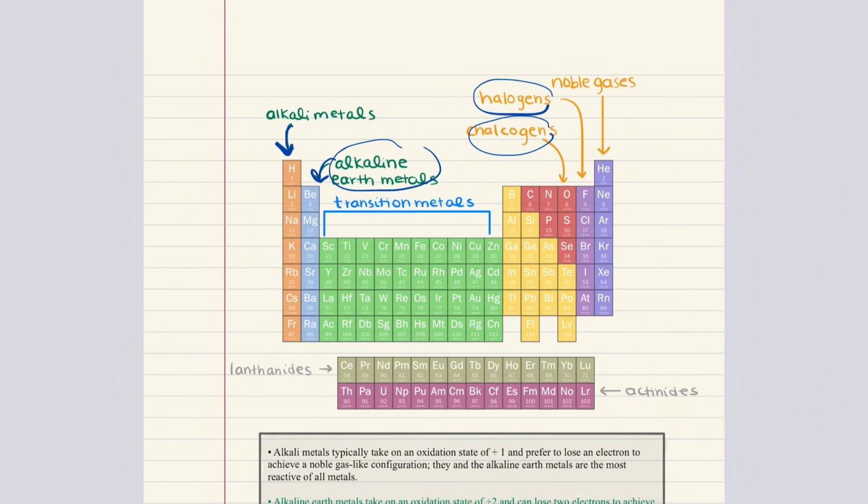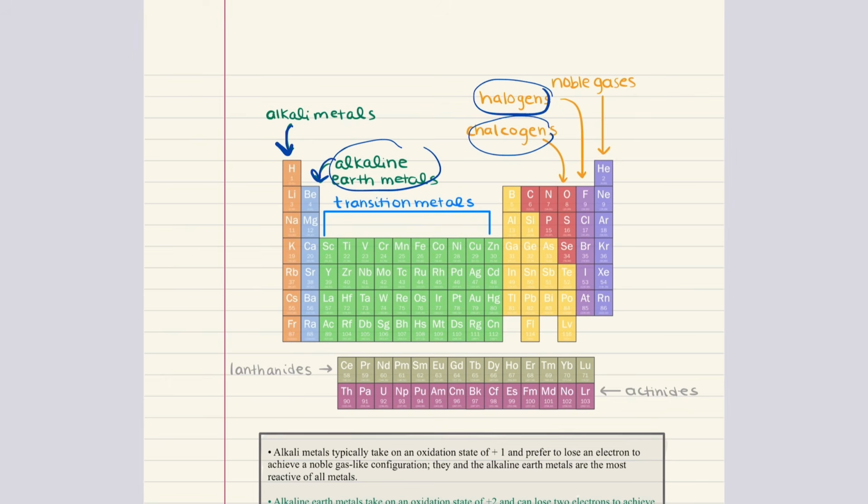Now, halogens, this is group 17. Halogens are highly reactive nonmetals with 7 valence electrons. These elements are super eager to gain 1 electron to complete their octets and achieve a noble gas-like configuration. Halogens, therefore, typically take on an oxidation state of -1.